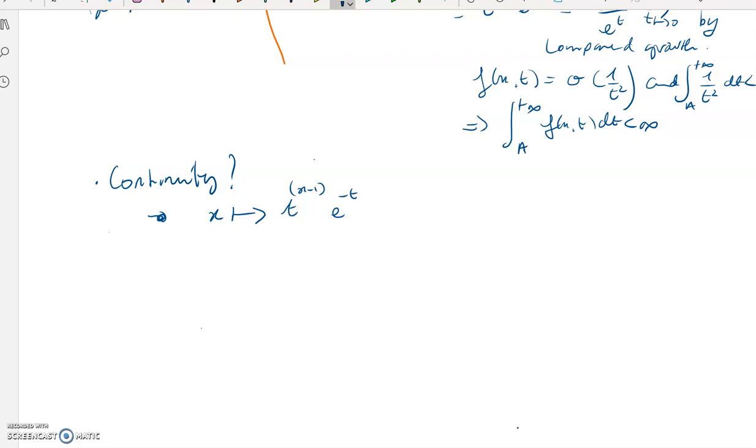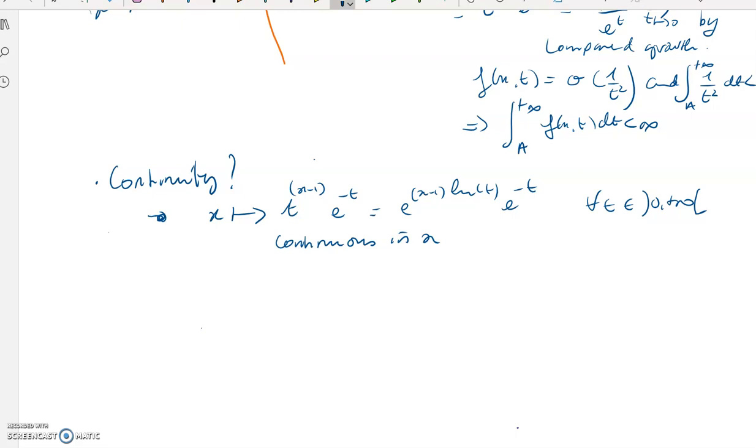Well, we have no problem about this because that can be rewritten as exponential of (x minus 1) times the log of t, times e to the negative t. So for all t that belong to 0 plus infinity, there's no problem that this is a continuous function in x, right?